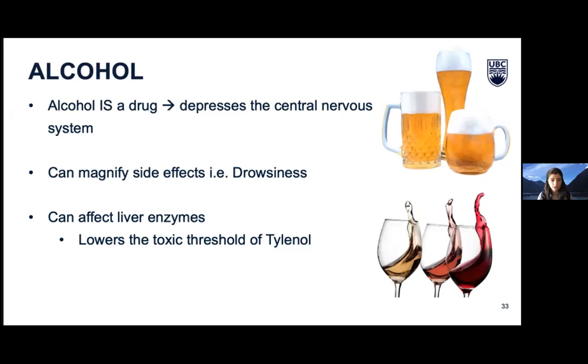And this is essentially true with chronic alcohol use and potentially resulting liver damage, which can become potentially fatal. So for example, the usual toxic dose of Tylenol is around 6 to 7 grams, taking that much all at once, whereas with chronic liver damage, it can be closer to 2 to 3 grams, or 3 or 4 extra strength tablets. So it does lower the threshold quite a bit.